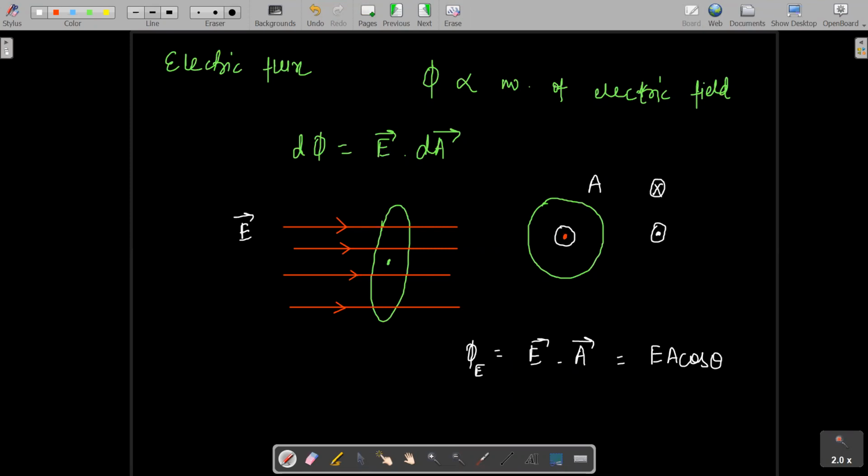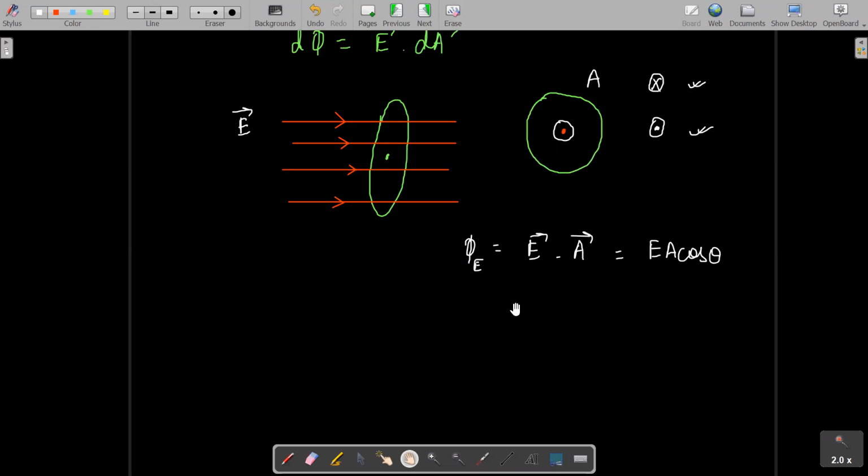So which direction should we take for the area vector? We can take any of the directions, either this or this, and stick to this direction for the whole problem.